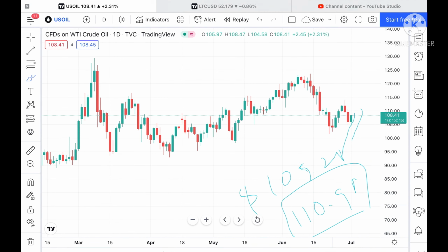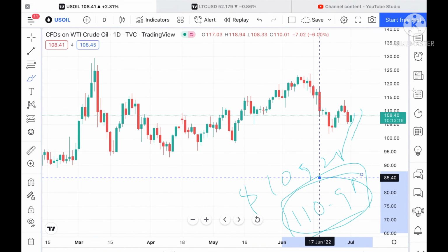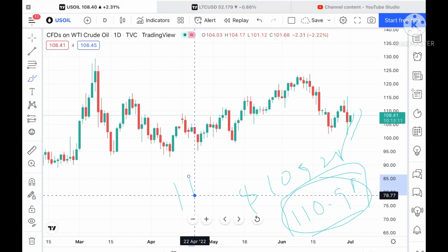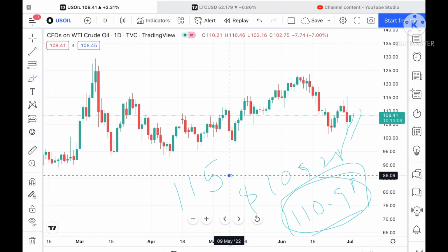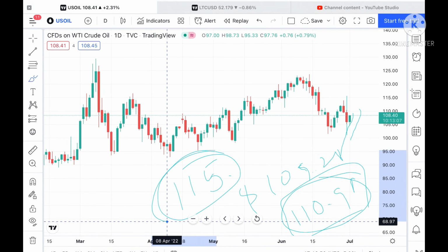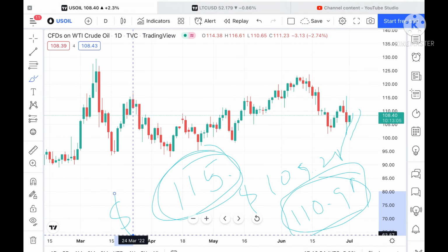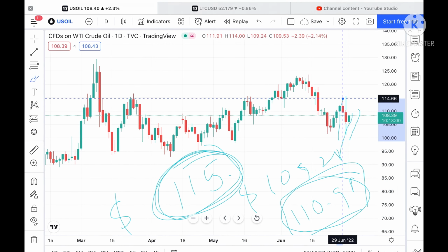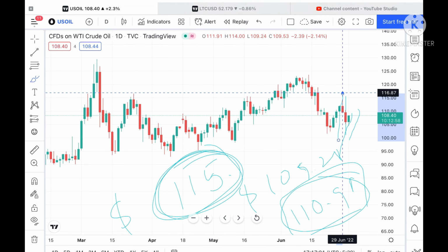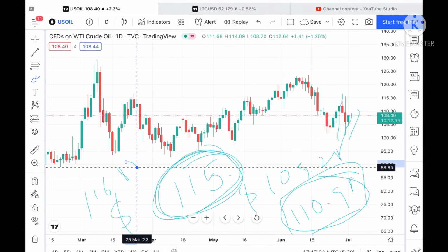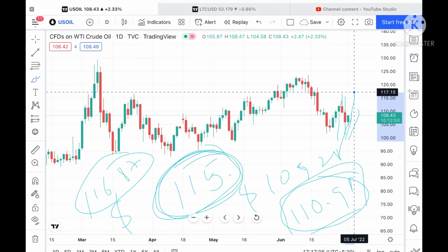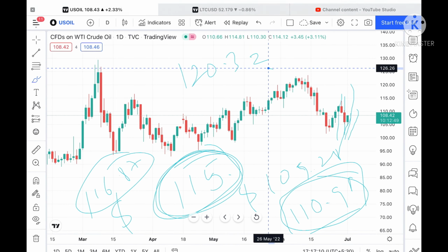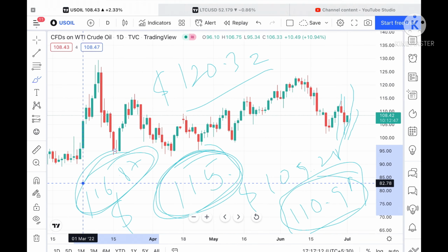Once it goes above 110.98, we can see it can go further high and touch a level of 115. I have already explained that 115 is a strong resistance. Once the price of crude sustains this level, we can see it can go further upside towards a level of 116.87, and from there it can go further upside and touch a level of 120.32, if it sustains a level of 116.87.